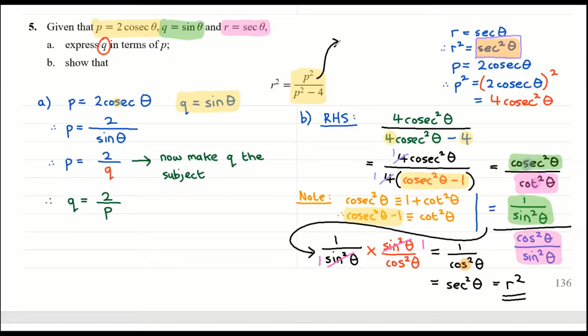So you'll have sine theta in the denominator from the outset, and then you can clear the fraction from there. But that's completely up to you. So maybe try this example using a couple of different techniques and see if you still get the same result, which you should do.